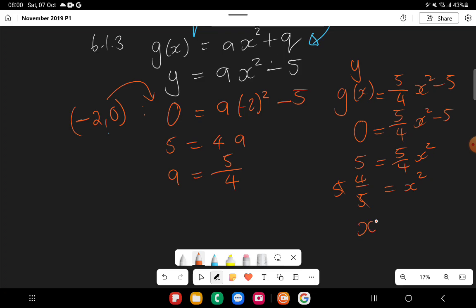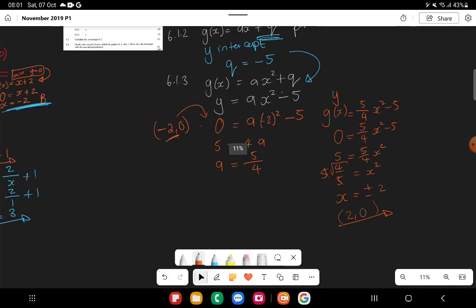So x is equal to plus minus 2, because I did the square root. Since I already have -2, my other value is going to be positive 2. So I'm going to have 2, 0 as the second intercept.